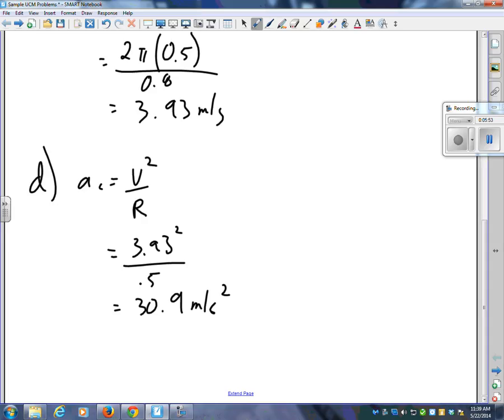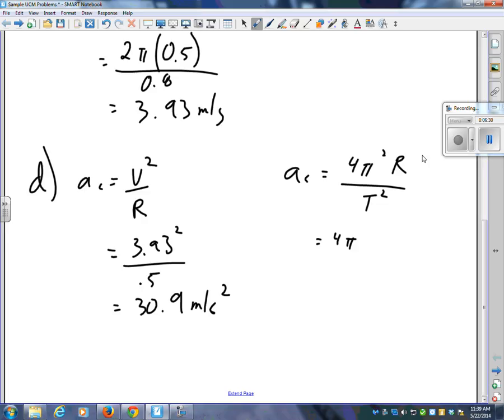Now that's the easy formula, but because we're cool physicist dudes, we're going to do 4 pi squared r all over t squared. Now I should point out, because pi r squared is so ingrained in our vocabulary, what sometimes happens is I see kids writing 4 pi r squared.